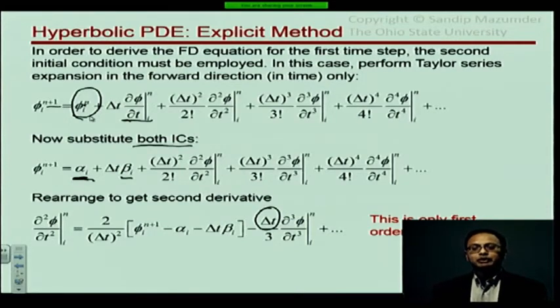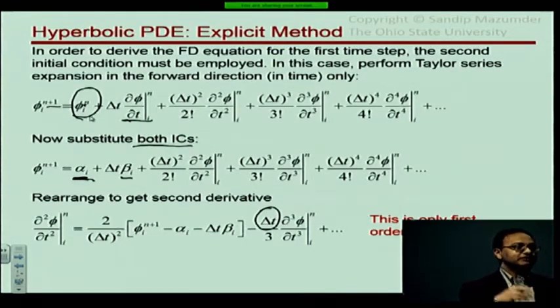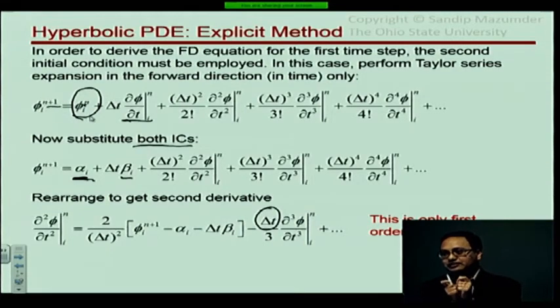Remember when we did central differencing in space, we got second order accuracy, but that was fortuitous because the third derivative canceled out since we used equal delta x on both sides. If we did not use equal delta x on both sides, the third derivative wouldn't cancel out, and we would get first order accuracy, or somewhere between first and second order.